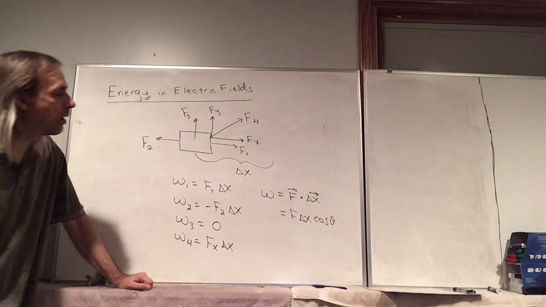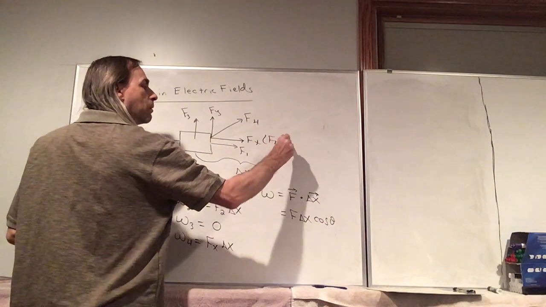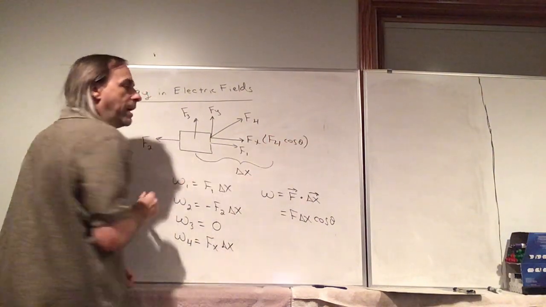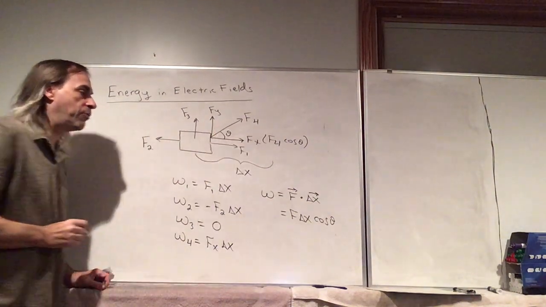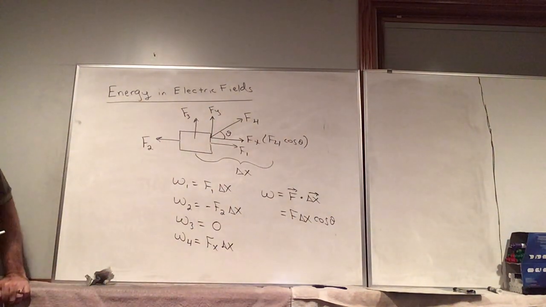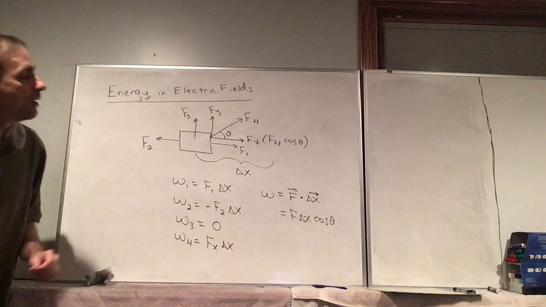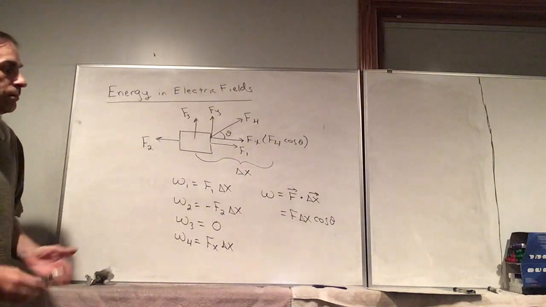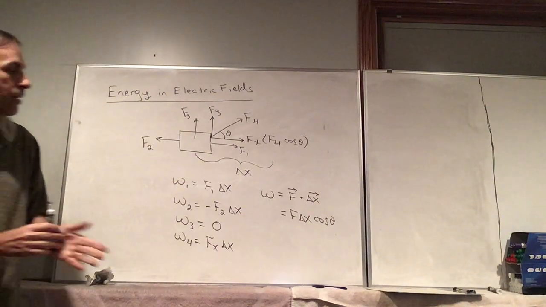And for F4, Fx would be F4 cosine of theta, if this is the angle between the force and the displacement. F dot delta x would give us F4 times delta x times the cosine of the angle.